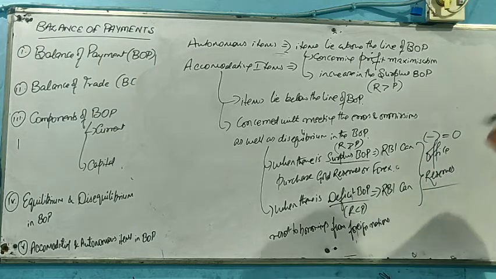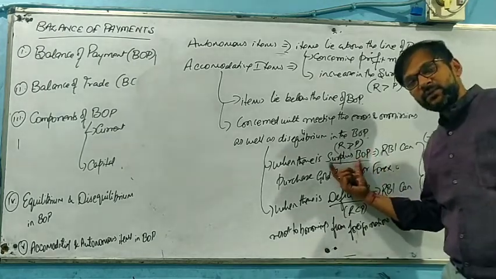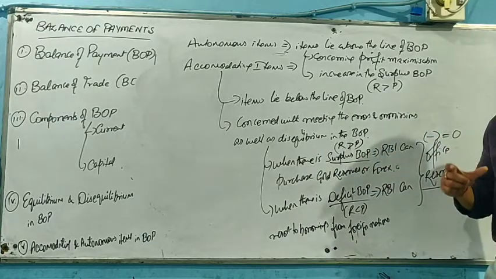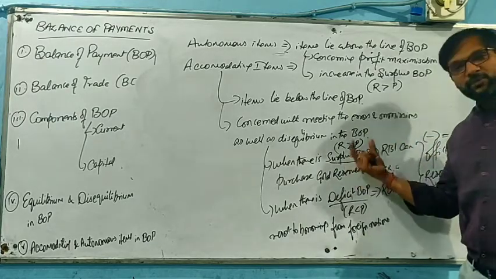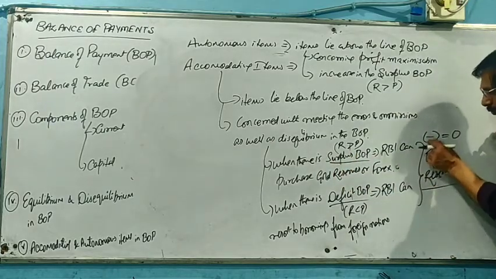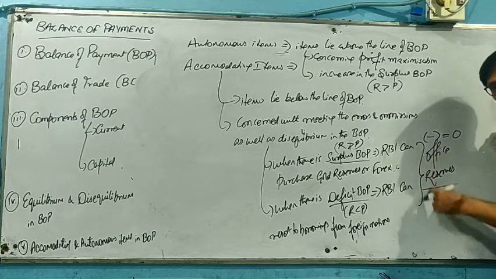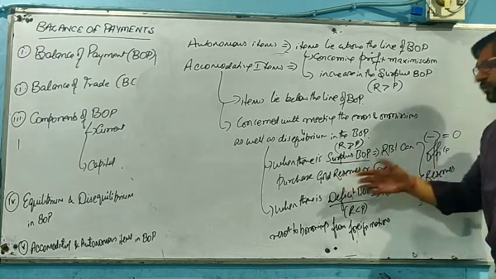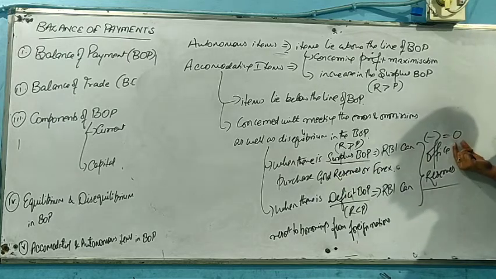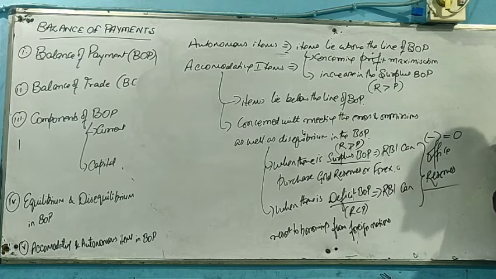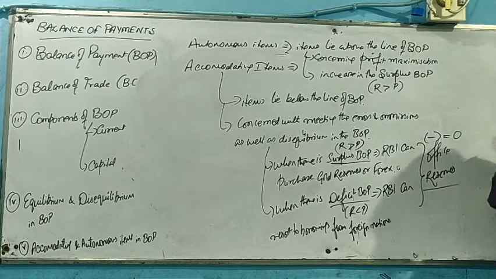I have given an example. If there is surplus BOP, which means the amount will be in positive form or positive number, official reserve will be shown as a negative amount below the line in equal amount of the surplus BOP to make it zero. Right? Since we need to make the last balance of payment as zero.